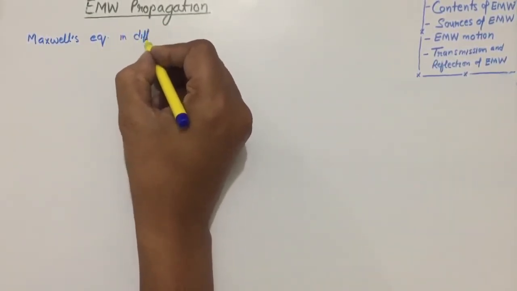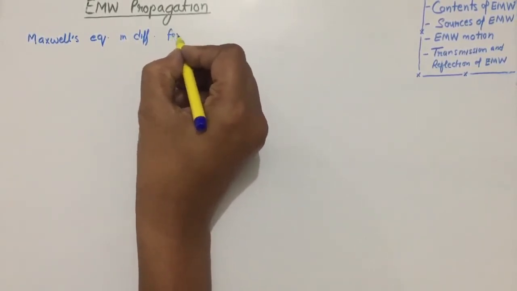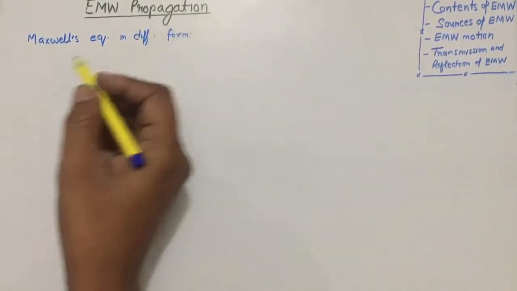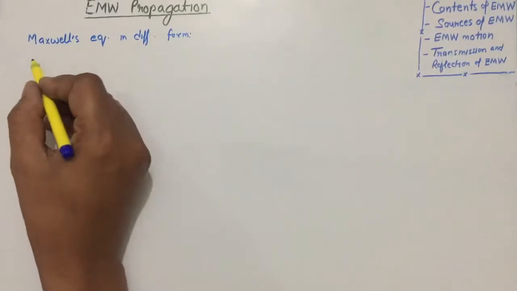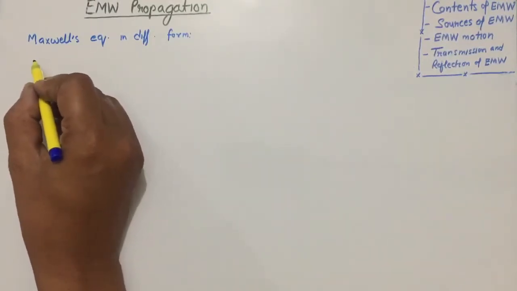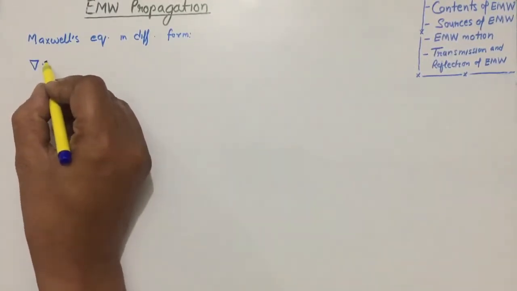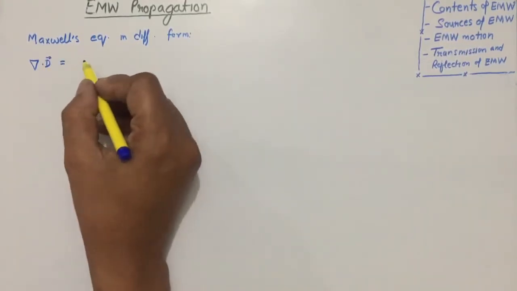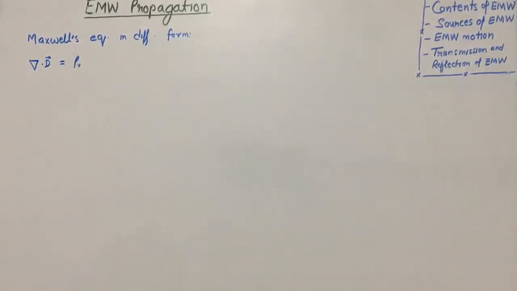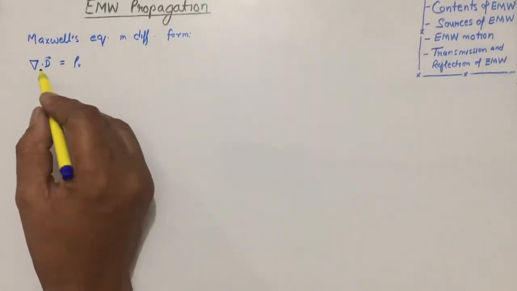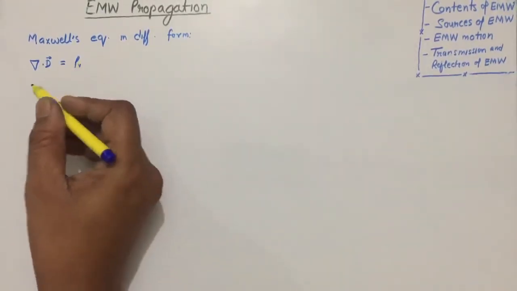In differential form, let us revise it. Here we have the first equation, del dot D is equal to the volume charge density, that is rho v. It is related to Gauss law.